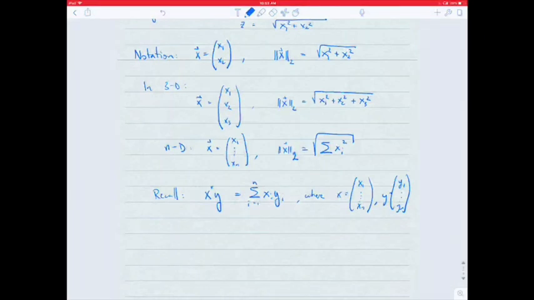So this means that I can now write this Euclidean norm of x as the square root of x transpose x, which is the same as writing that this Euclidean norm squared is just x transpose x.